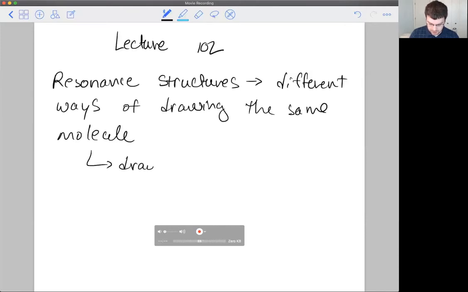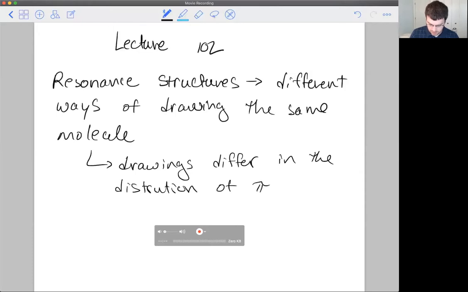The drawings differ in the distribution of electrons, in particular pi electrons.